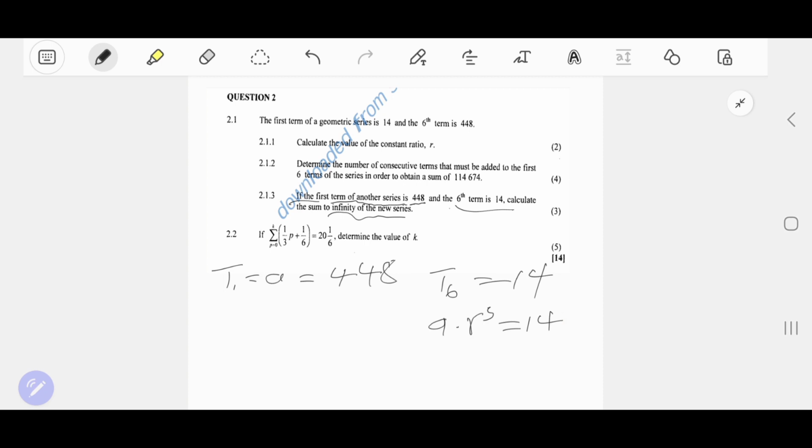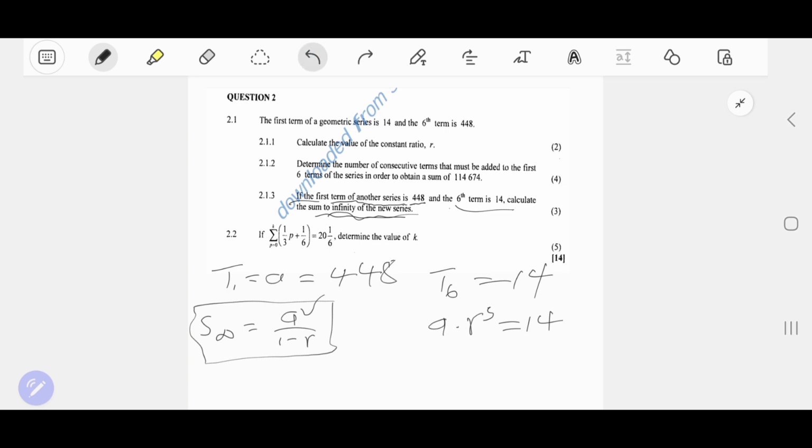Now the question comes: I need to find my value of R in order to calculate my sum to infinity, because I know my sum to infinity equation is given by A over 1 minus R. So I have the value of A, but I need the value of R now. So I really have to use this information to get the value of R.